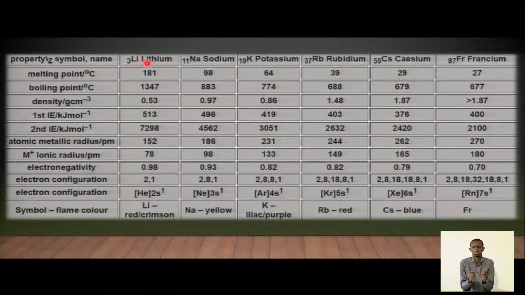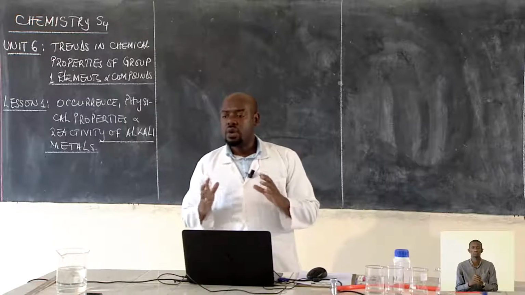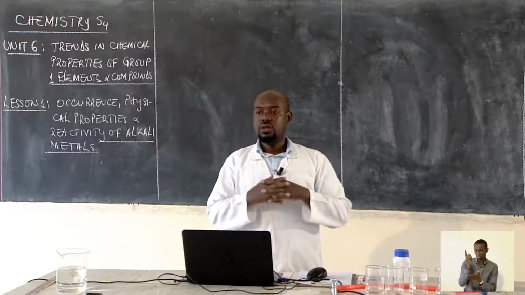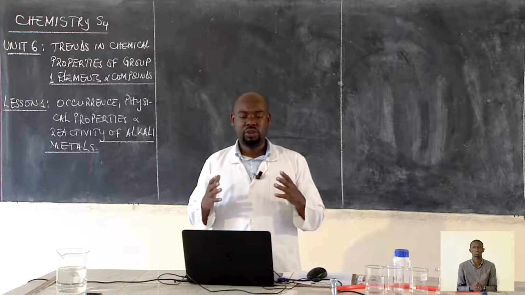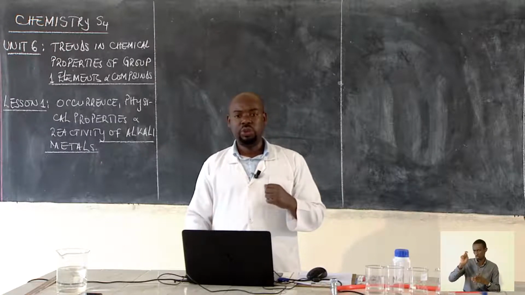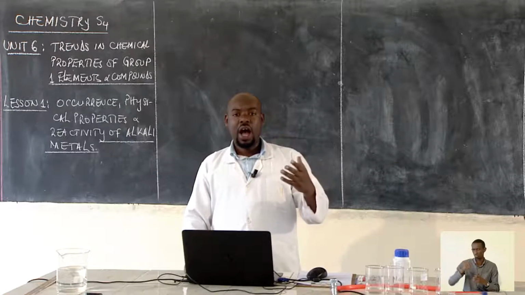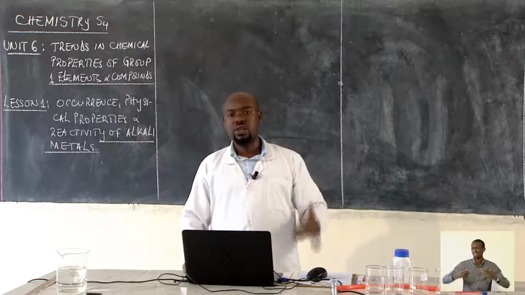You can see we have lithium, sodium, potassium, rubidium, cesium, and francium. But in this lesson, we will not talk much about francium. Why? Because it is a radioactive element. So radioactive elements or radioactive isotopes are those elements which have nuclei which are not stable.